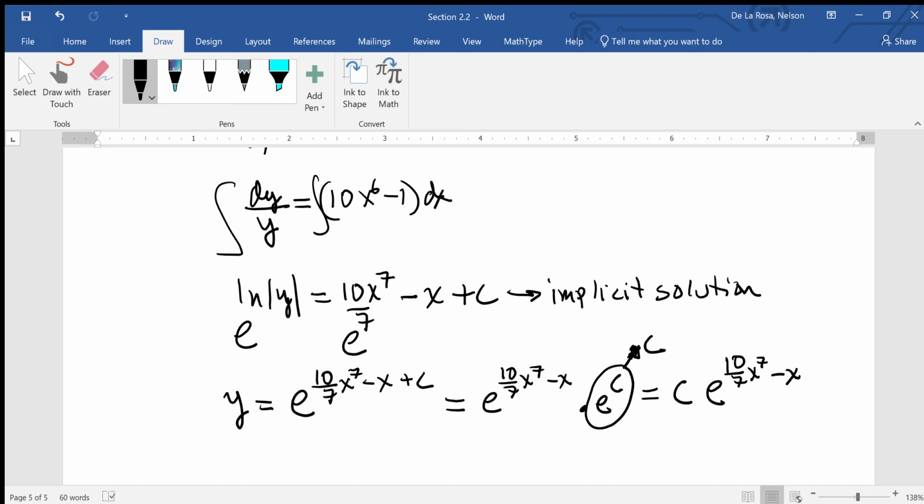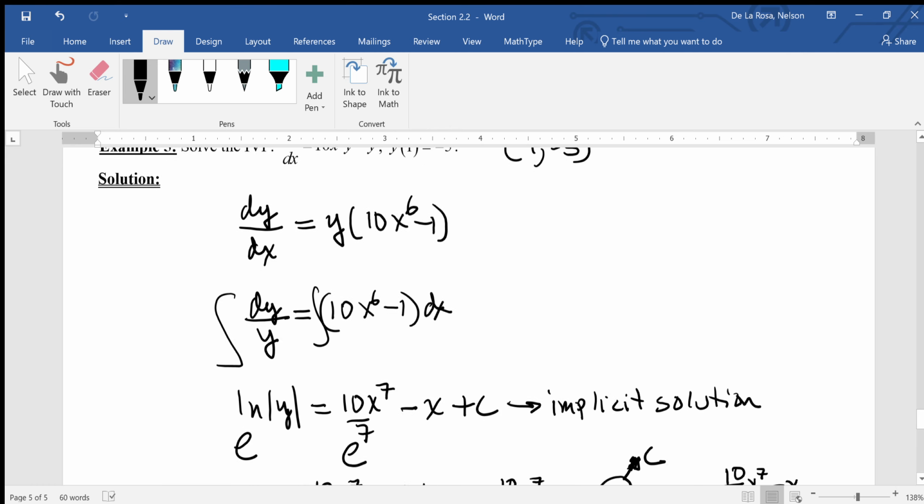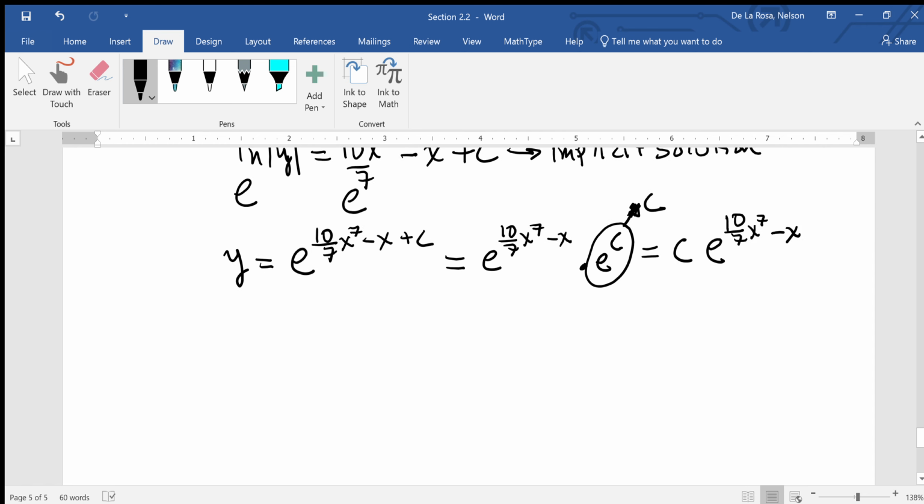Now, remember, this is an initial value problem. A condition is given. So we replace this in the solution we found.